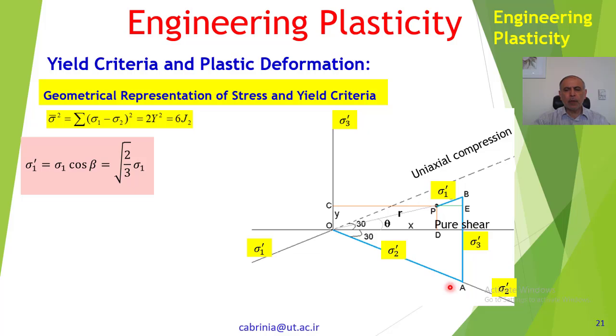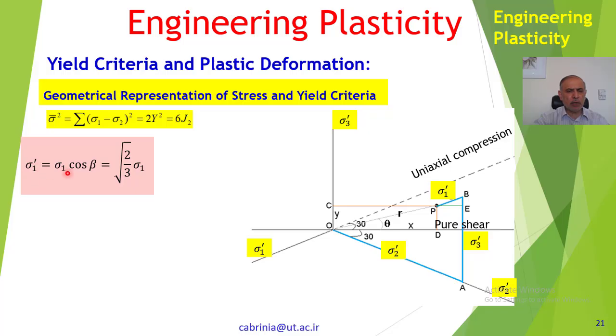Draw the magnitude of each component along each axis, and we get to the point of stress. As you can see, because this is a plane area, we could also have a y-axis here, y and x-axis. And we could find the relationship between x and y, and sigma 1 prime, 2 prime, 3 prime.